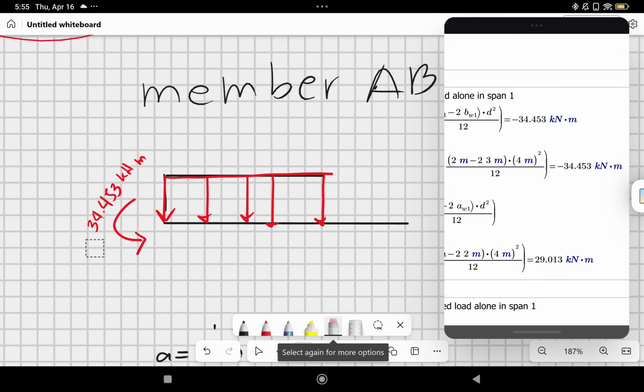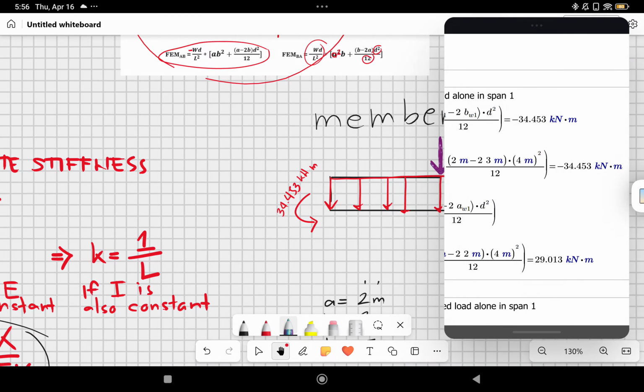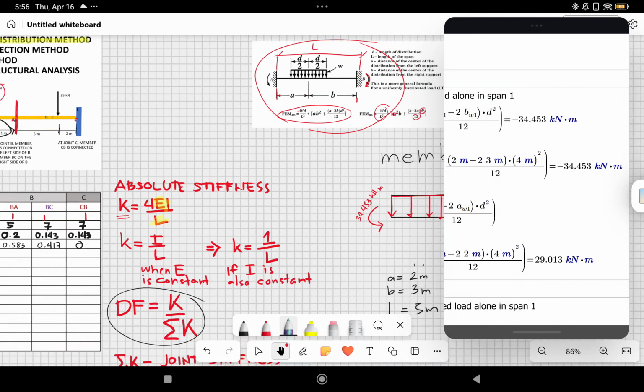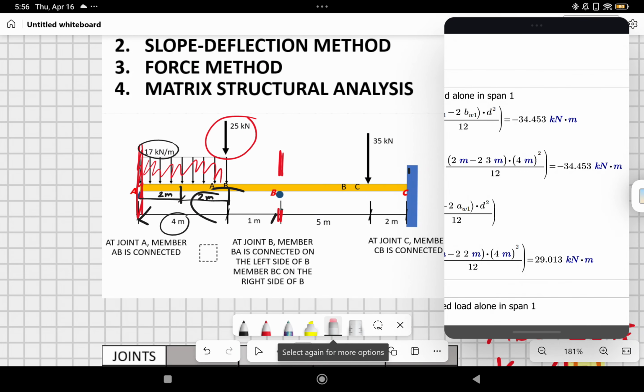Since counterclockwise na siya, naka-represent naman na counterclockwise, kaya inalis ko muna yung negative. And then, since meron pa nag-occur na ibang load, which is si P, okay, so kailangan din natin kunin kung ano yung magiging fixed end moment on this span or yung kanyang contribution sa fixed end moment.